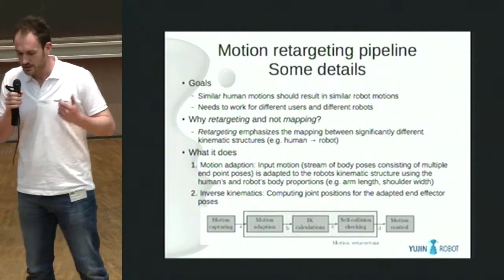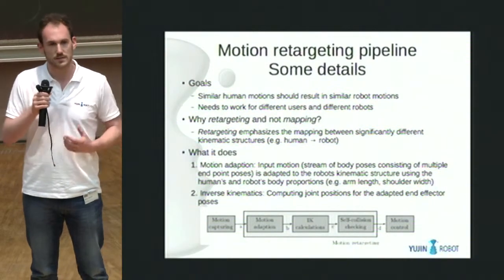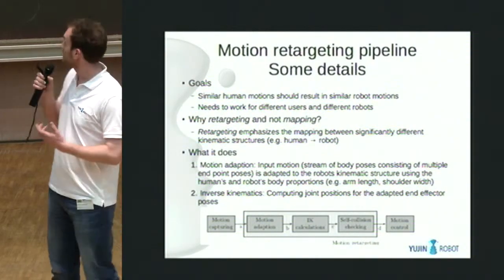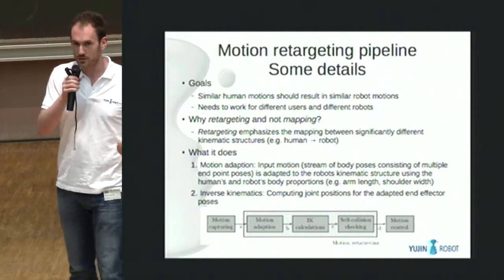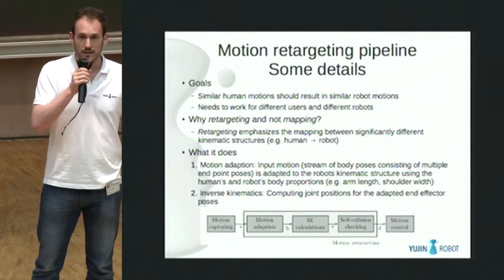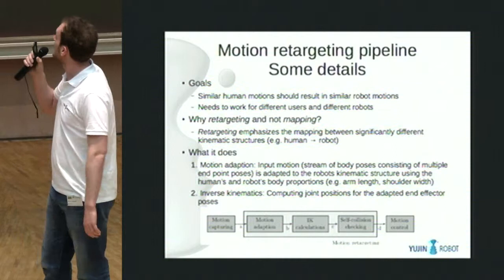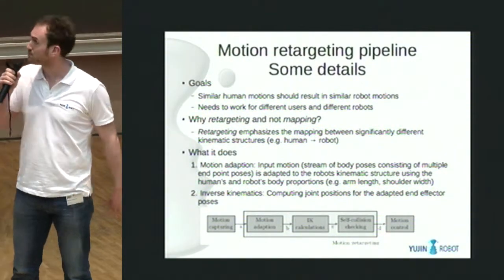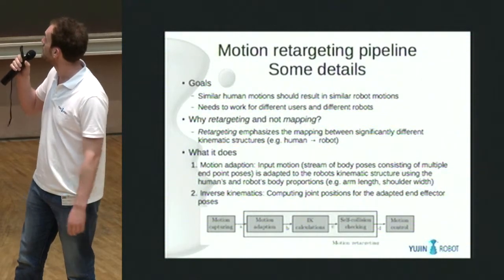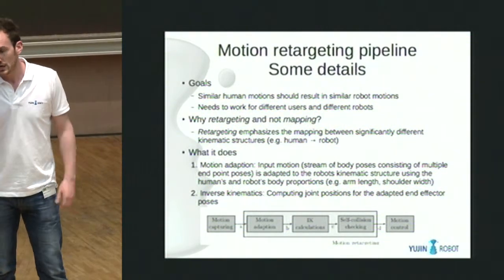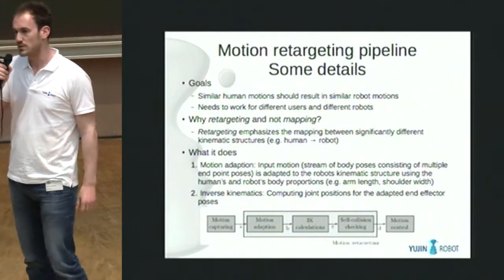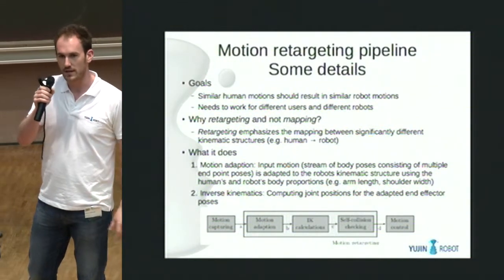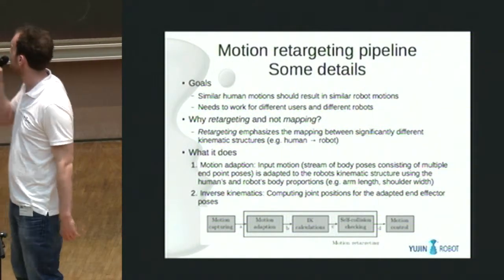So the goals were similar: human motion should result in similar robot motion. That's not trivial since there are different humans, like in size, and there are also different robots. Why is it called retargeting and not mapping? It's not a precise definition, but retargeting is often used to emphasize that motion mapping is happening between significantly different kinematic structures.